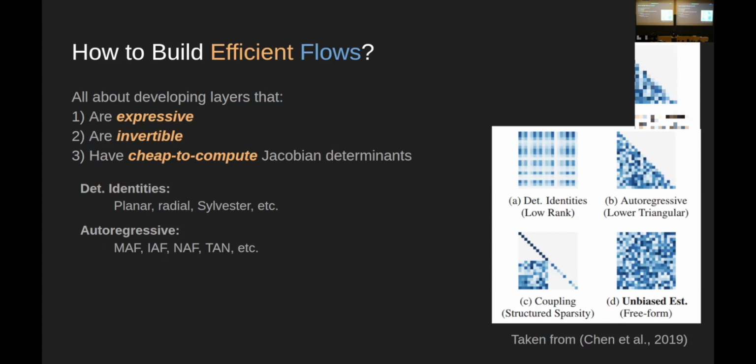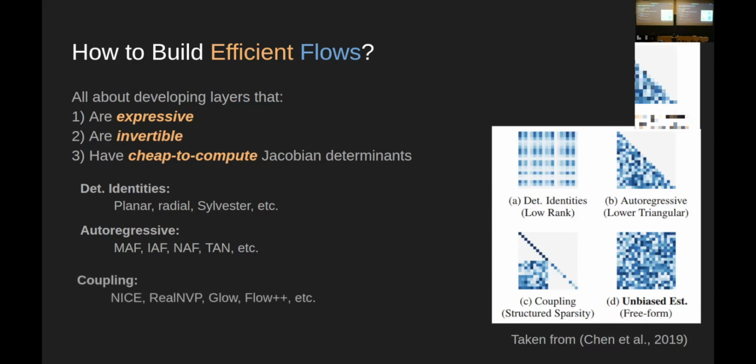So the second class, autoregressive flows. In here you find masked autoregressive flows, inverse autoregressive flows, etc. And they rely on transforming each dimension conditioned on the previous dimensions, and they thereby get a lower triangular Jacobian.